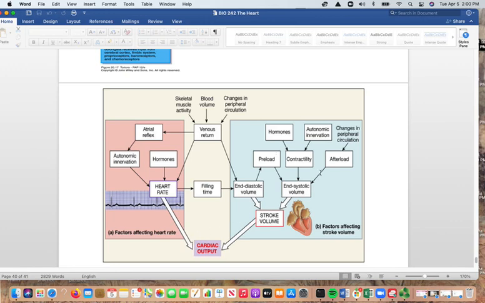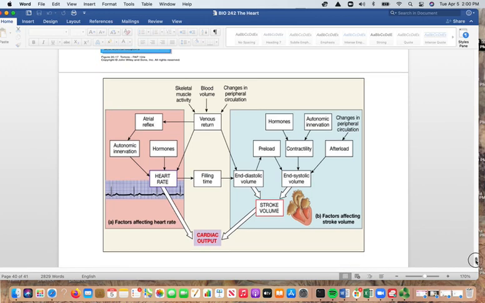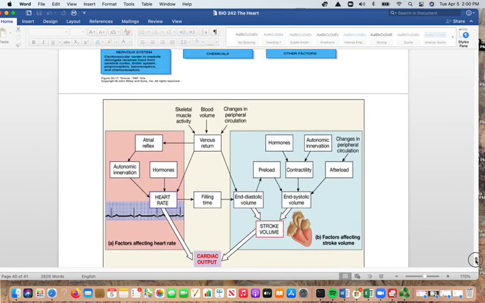These on this side are all things that are going to affect stroke volume: the venous return, the filling time, preload, hormones, contractility, the autonomics, afterload, and systolic volume all end up affecting the stroke volume. So that's going to look at blood pressure factors with the heart. Blood pressure is also going to have influences from the blood vessels, and we will look at those next time.